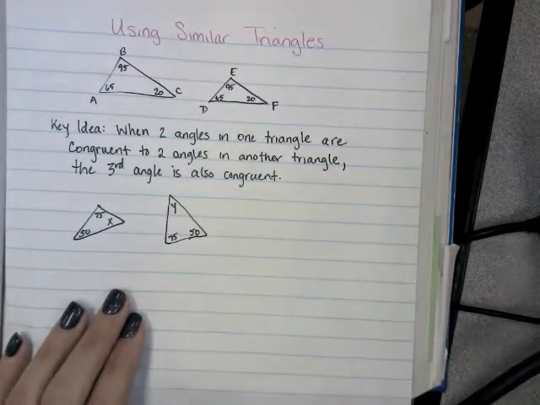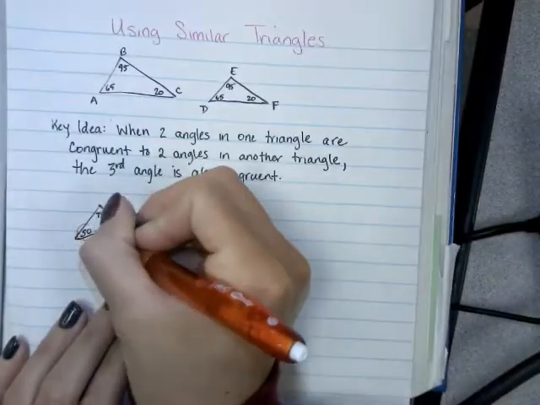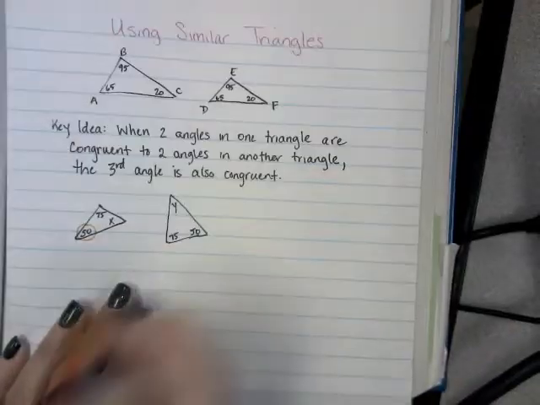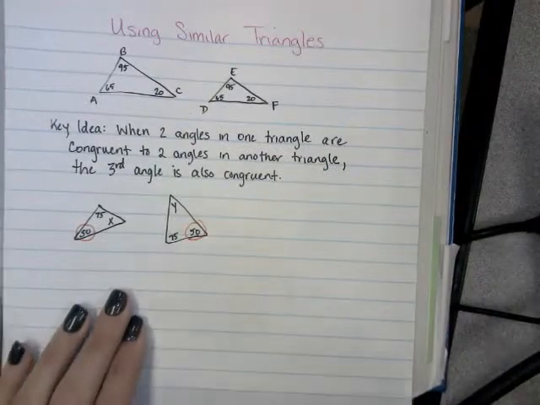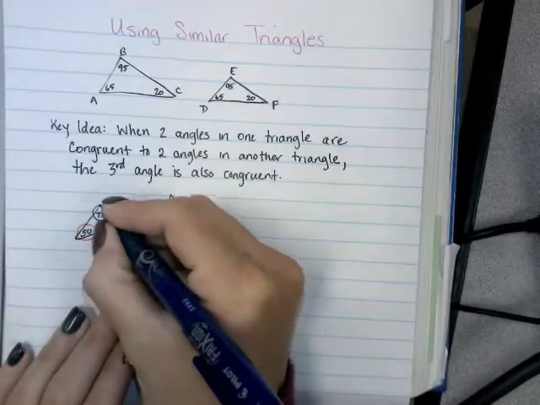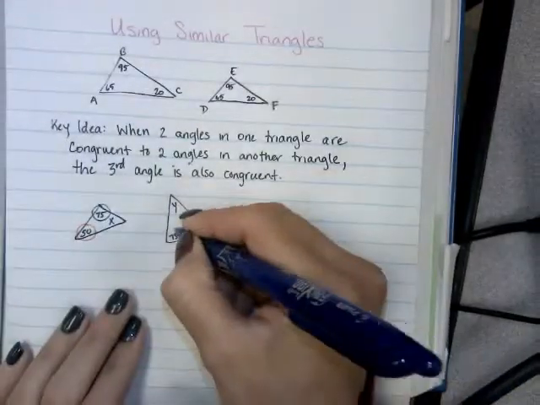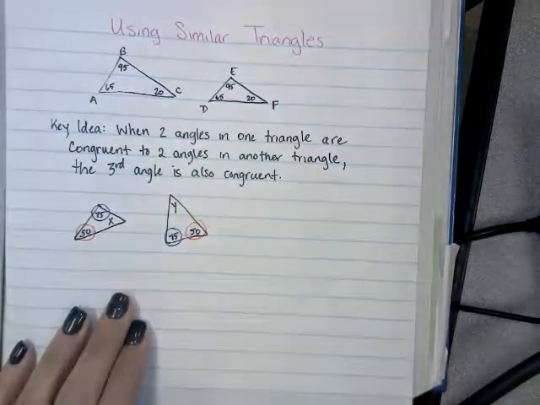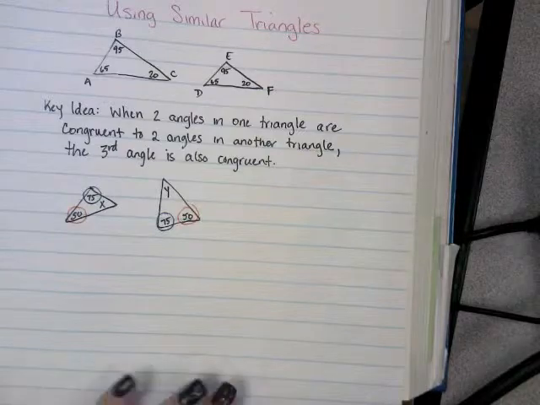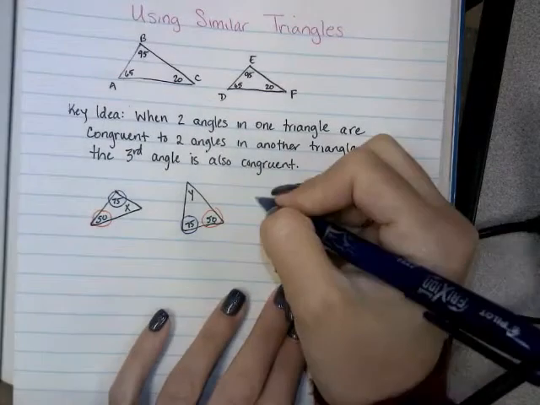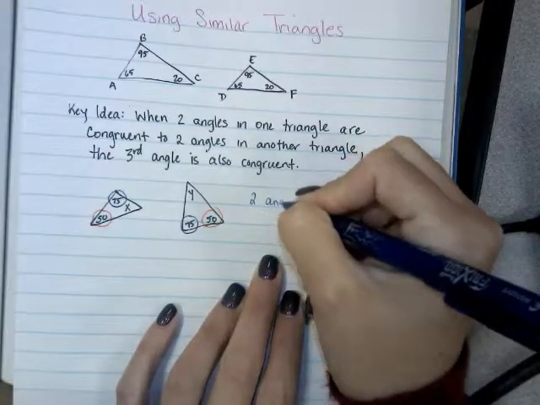I'll highlight those for you. This triangle has an angle of 50. This triangle has an angle of 50. This triangle has an angle of 75. This triangle has an angle of 75. Even though one's larger and it's been turned to a different orientation, two angles are the same.